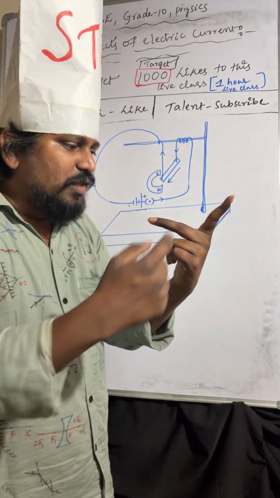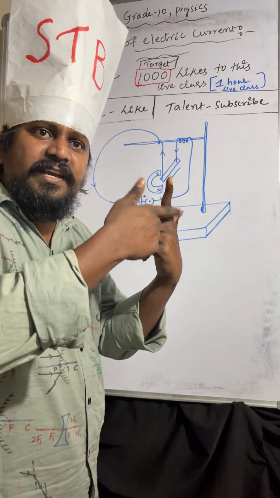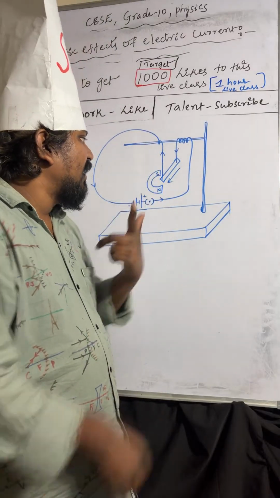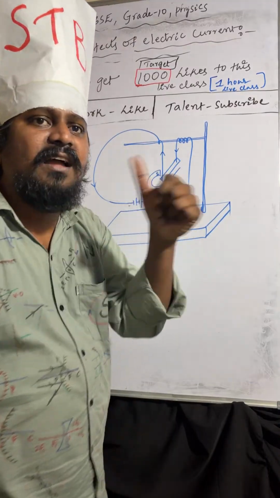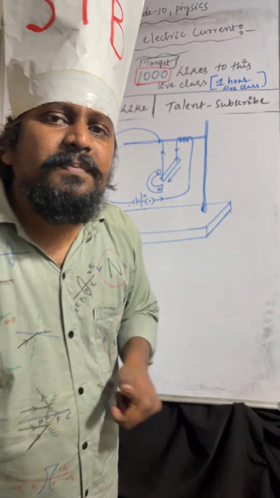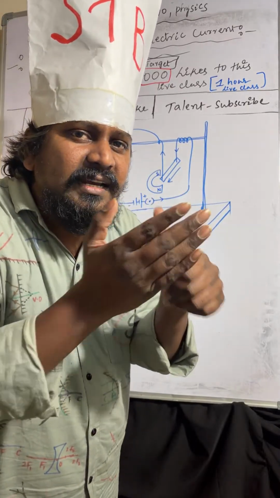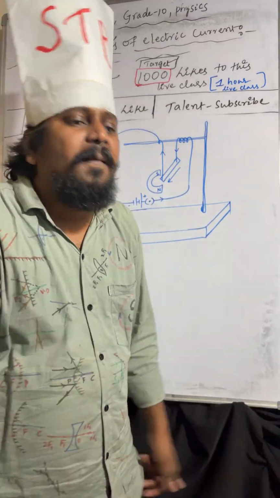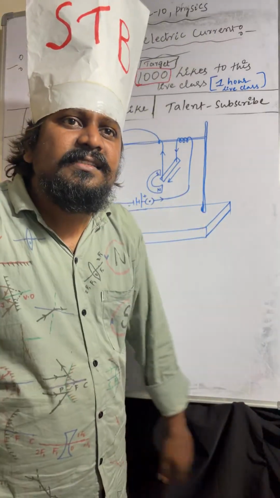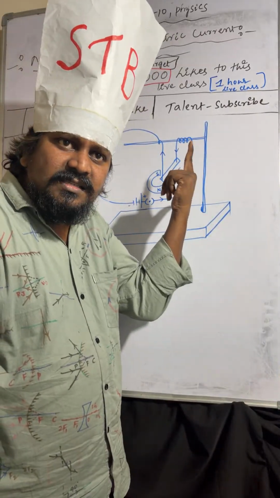So current is passing. The index finger shows the magnetic field, north to south, and the thumb represents the force acting on the conductor. Place your hand like this.